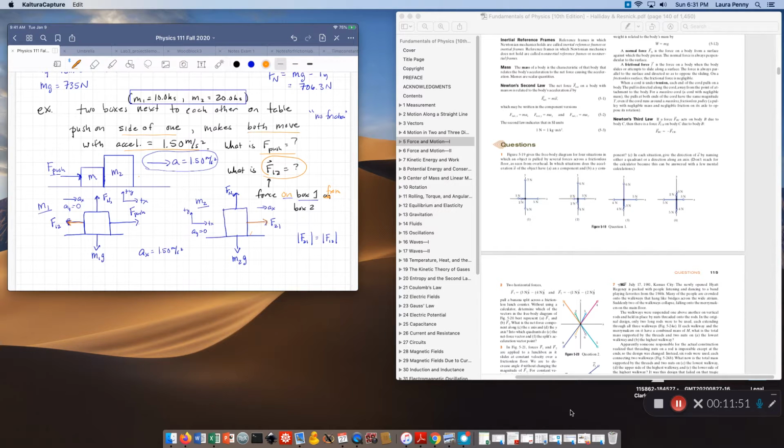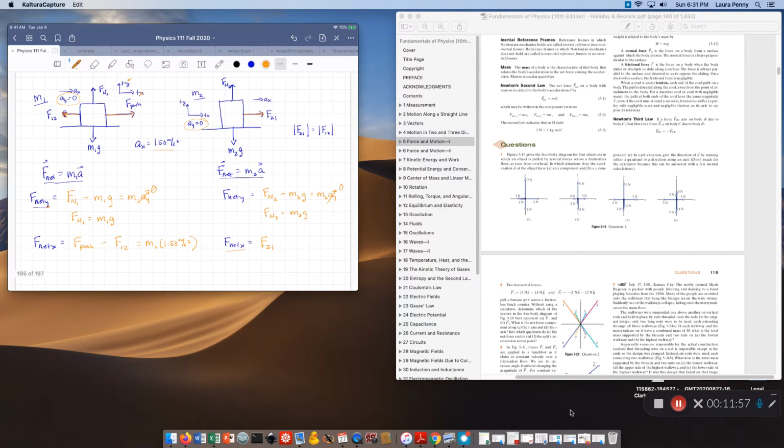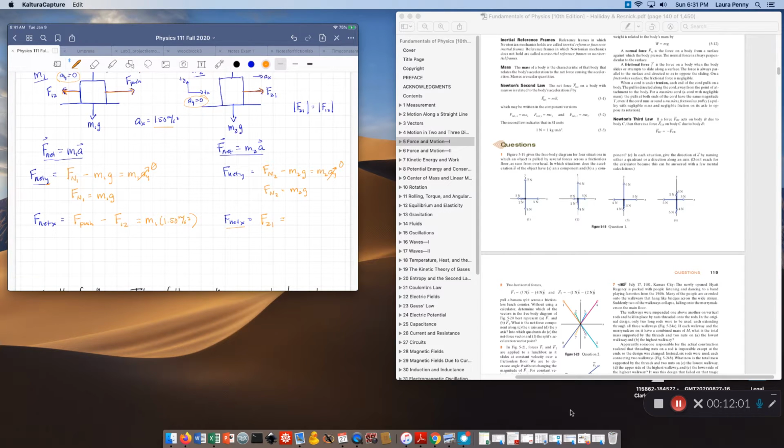There's just F21, which is the force of the first block on the second block.